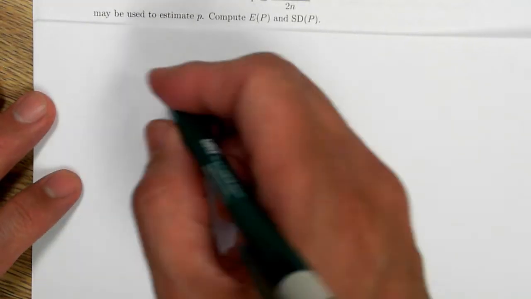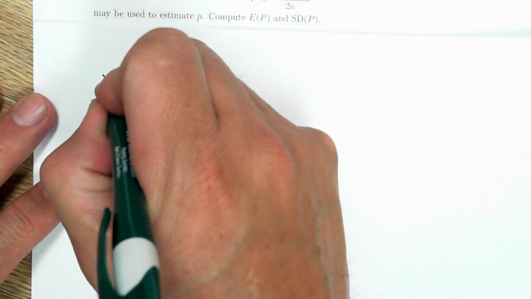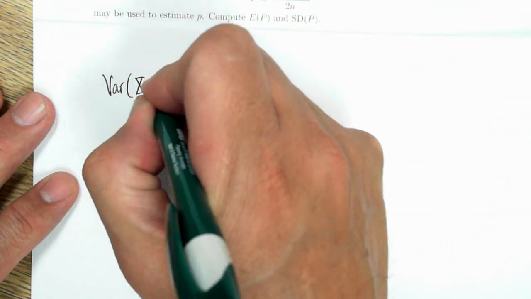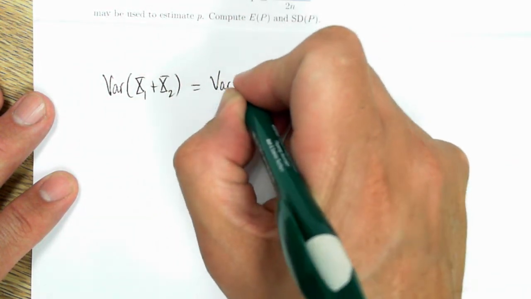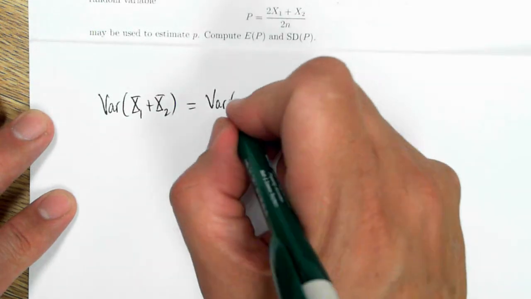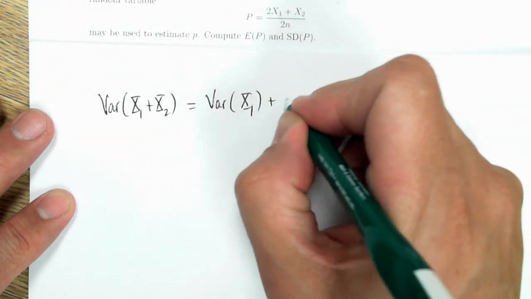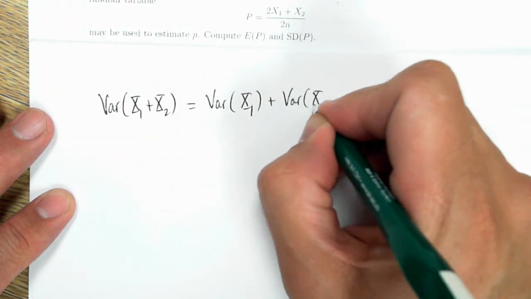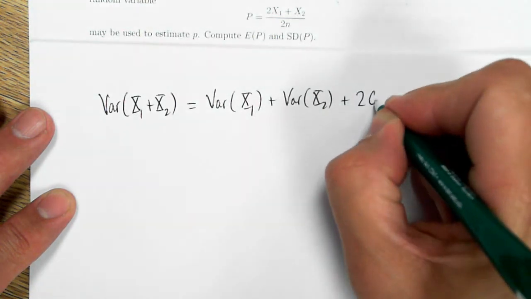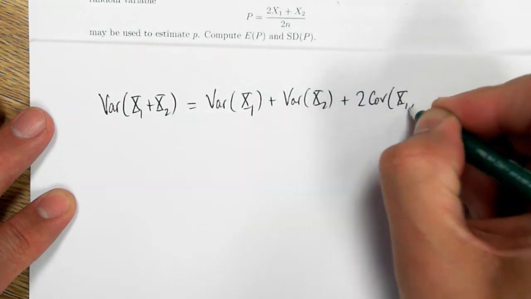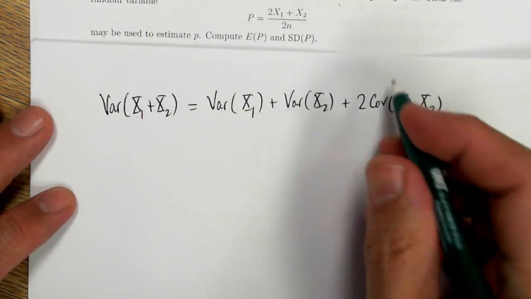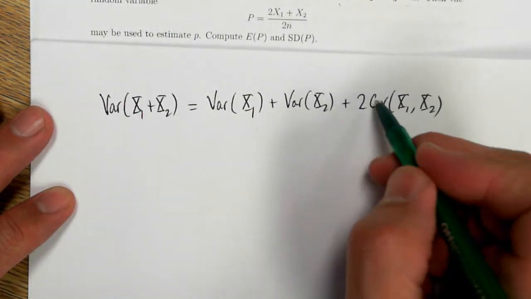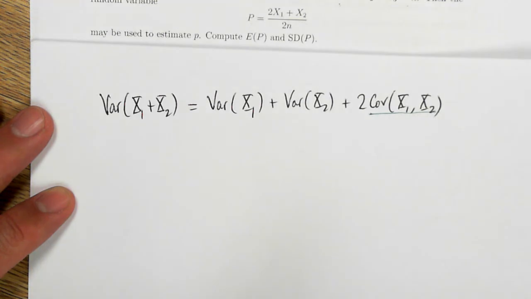The way that I will figure out the covariance of x1 and x2 is by looking at the variance of x1 plus x2 by itself. And that's the variance of x1 plus the variance of x2 plus 2 times the covariance of x1 and x2, from one of our theorems in class. And this part, the covariance of x1 and x2, that is the thing I'm trying to solve for.